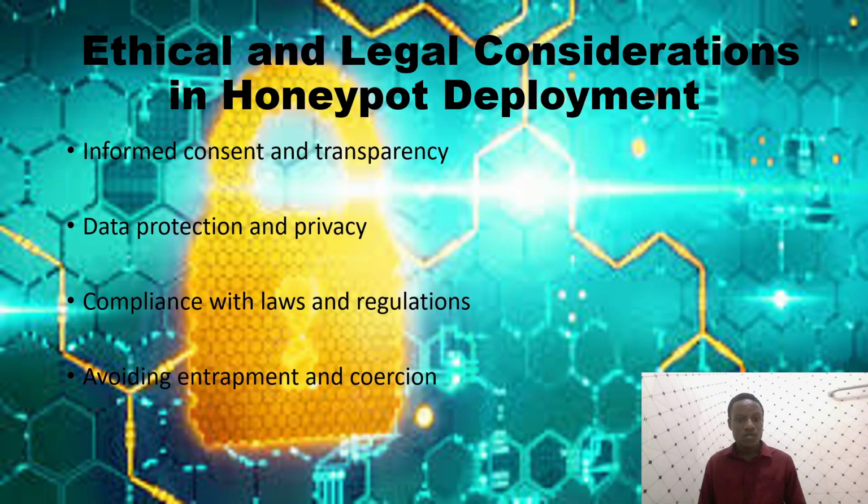So these are things you should consider before trying to deploy a honeypot in the cloud. You can use AWS. My colleagues will mention that in the upcoming slides. We have AWS and Microsoft Azure. These are cloud platforms that you can deploy your honeypot onto.